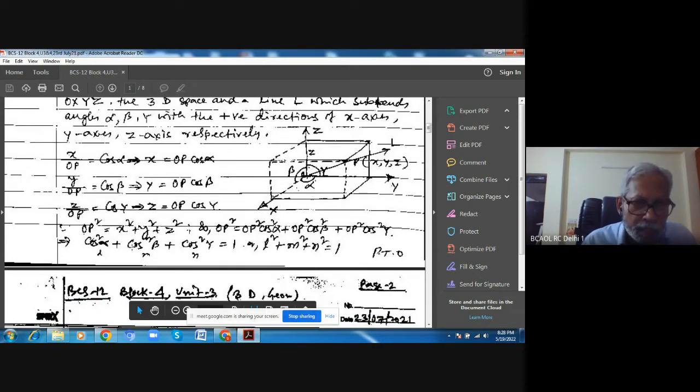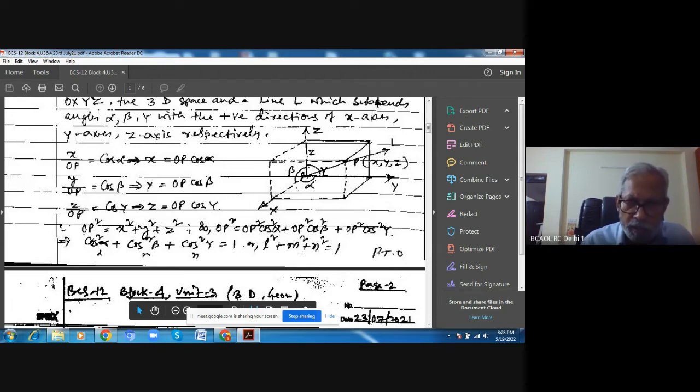So finally, you will get cos square alpha plus cos square beta plus cos square gamma, and this is equal to 1, because the ratio is in terms of 1. Or we can say in short, we can denote it as L, M, or N. So we can denote cos alpha as L, cos square beta is m square and cos gamma is n.